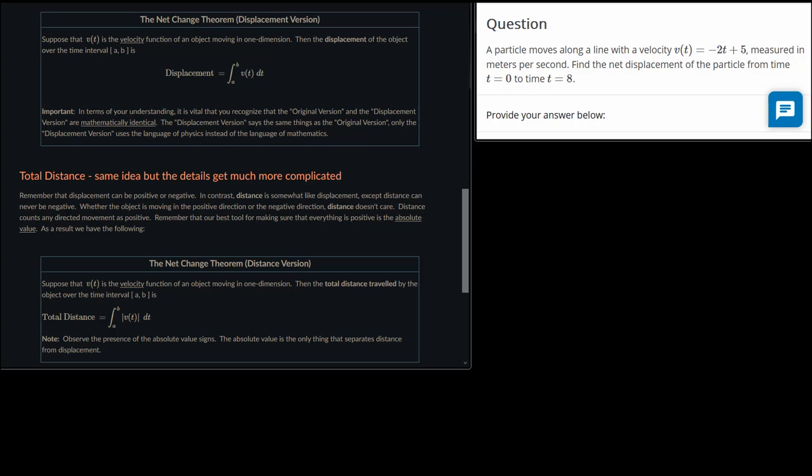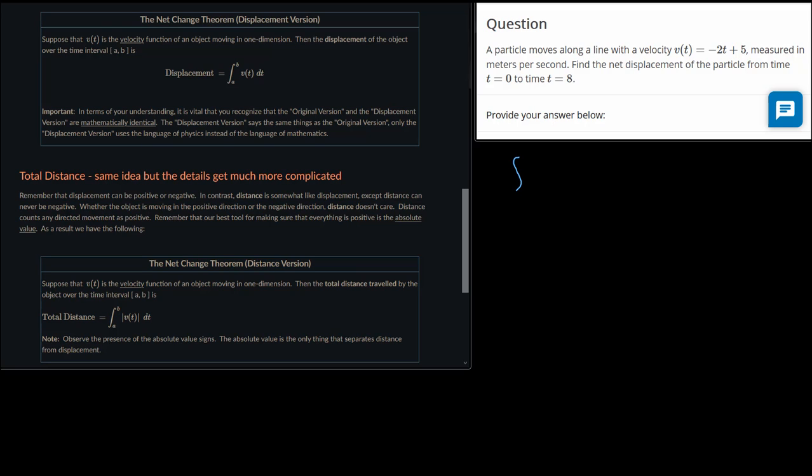Essentially the net change theorem says that if you know the velocity function and you know the time interval, then the displacement is just the integral of the velocity over the time interval. So no problem whatsoever.